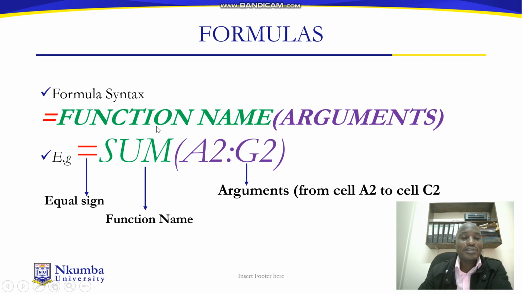So the function name follows. After the function name, we shall have arguments, and arguments are the range of the cells you are going to work on. For example, we have the equal sign, then SUM is the function name, then from cell A2 to cell G2, which are the arguments.